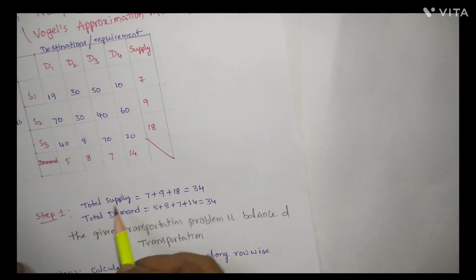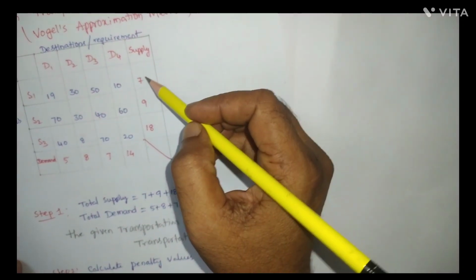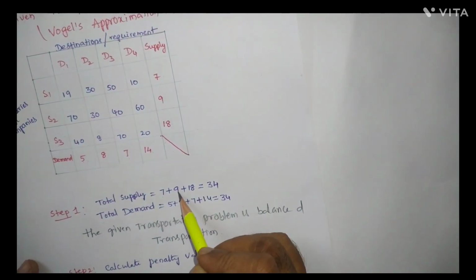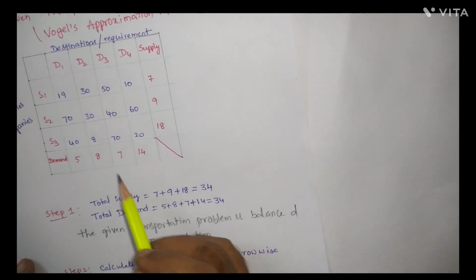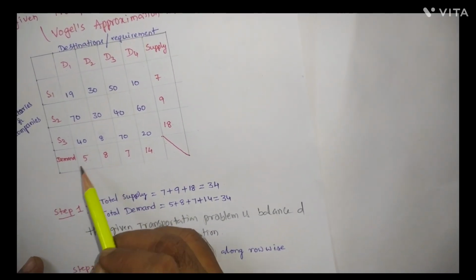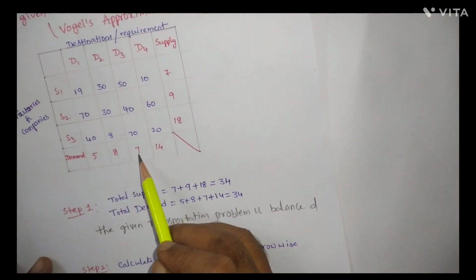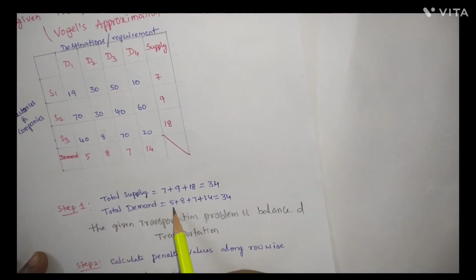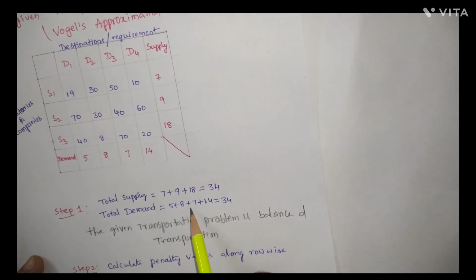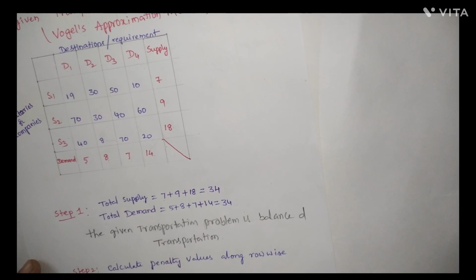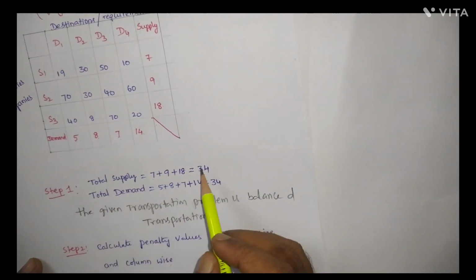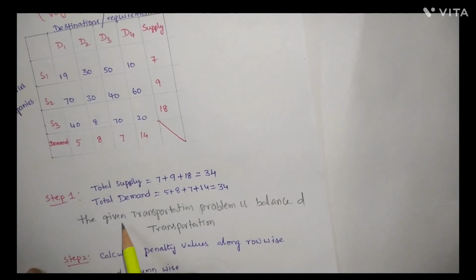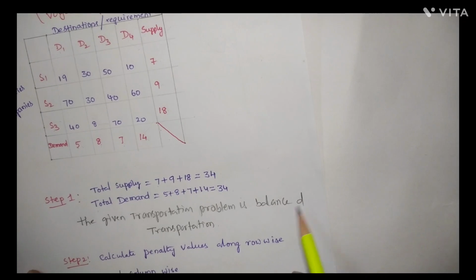Total supply is 7 plus 9 plus 18 equals 34. Total demand is 5 plus 8 plus 7 plus 14 equals 34. Here, total supply is equal to total demand. So the given problem is a balanced transportation problem.